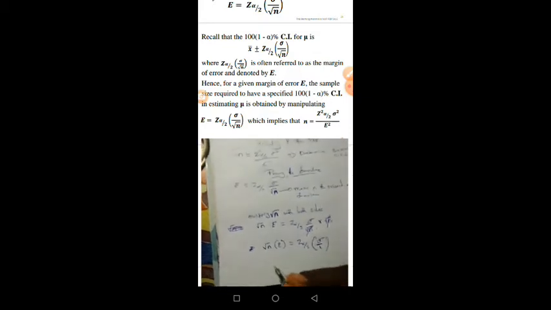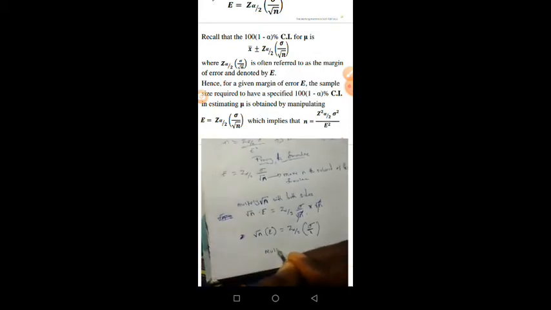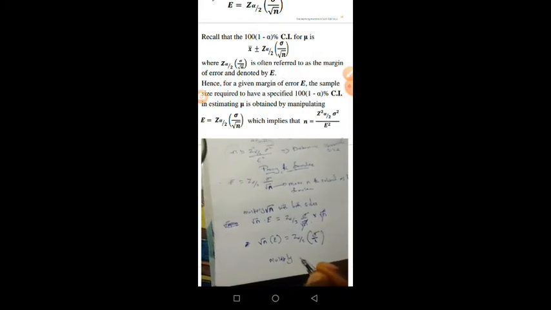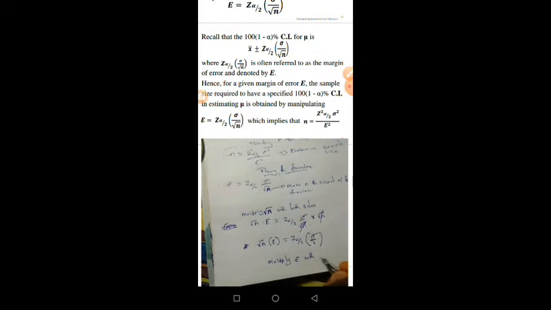Eliminate e from here, then place it on the other side. So how do we do it? Multiply e with both sides.